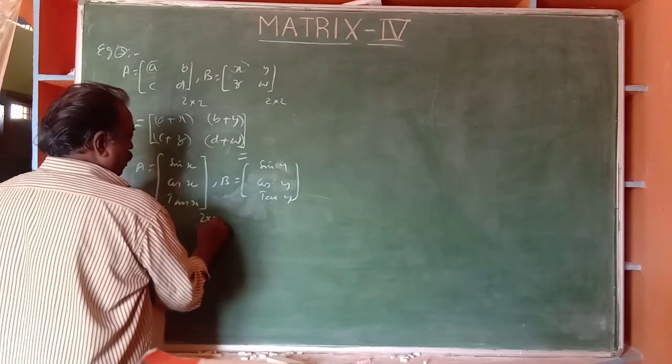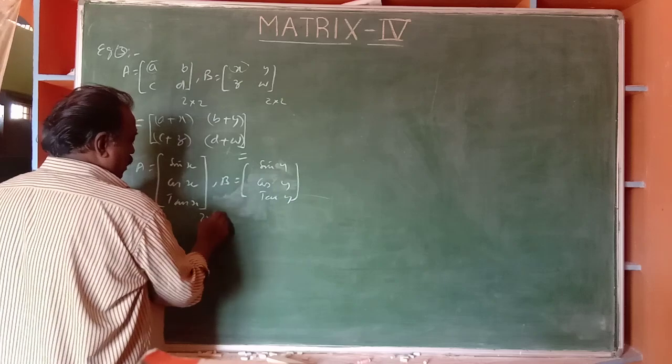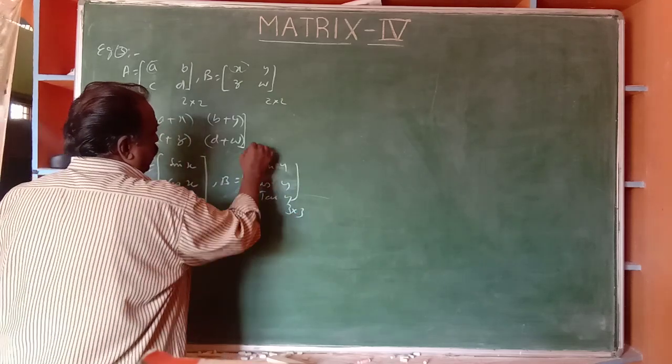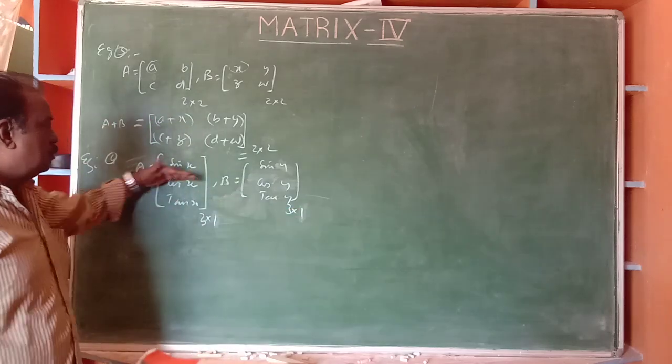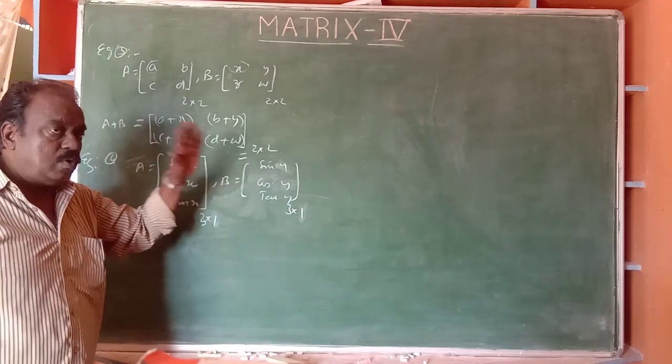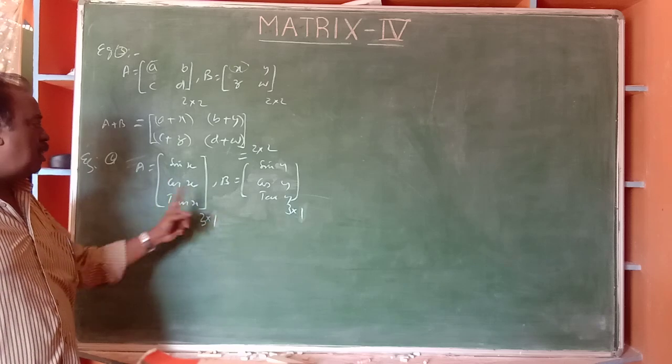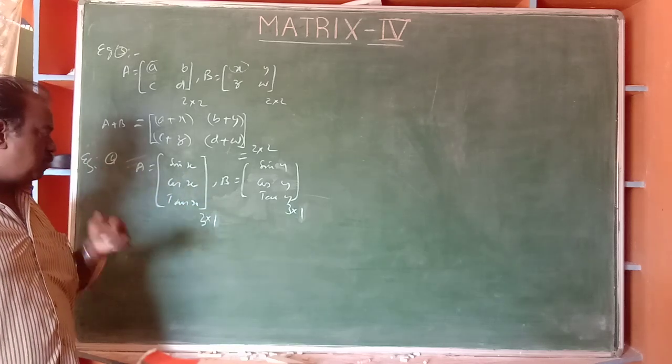It is a 3 by 1 matrix, and this is also 3 by 1. 3 rows, here also 3 rows. The order of the two matrices must be the same.